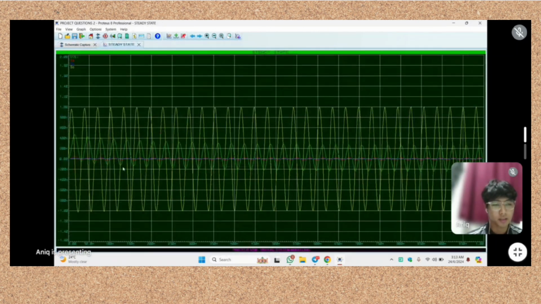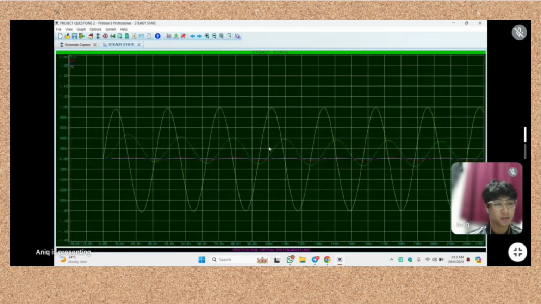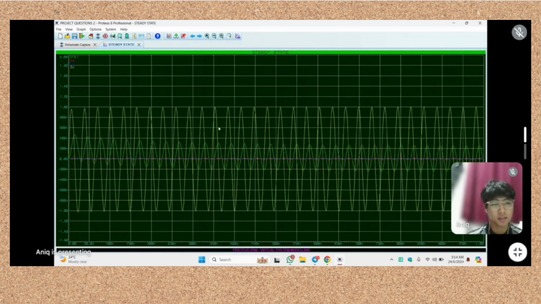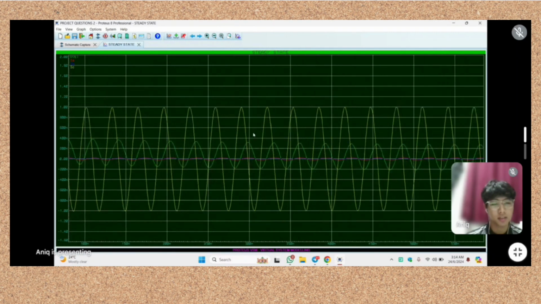If you look at the detail, you can see the difference between the voltage, IA, IB, and IC. The green one is the voltage, the red one is IA, the blue one is IB, and of course the yellow one is IC. So this is the steady state of these three components we need to simulate.